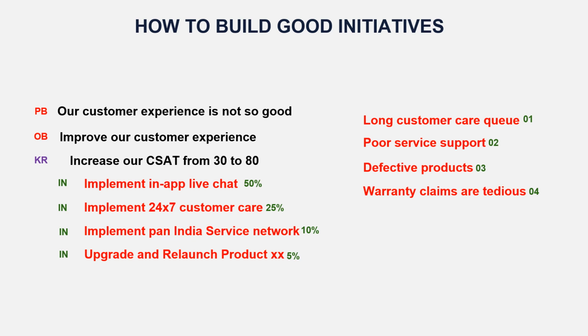For example, if they implement initiative 1 successfully, then definitely the improvement could be maybe 30 to 60 or 30 to 50, maybe, right? So that's the intention of deriving the contribution rate of each of these initiatives.